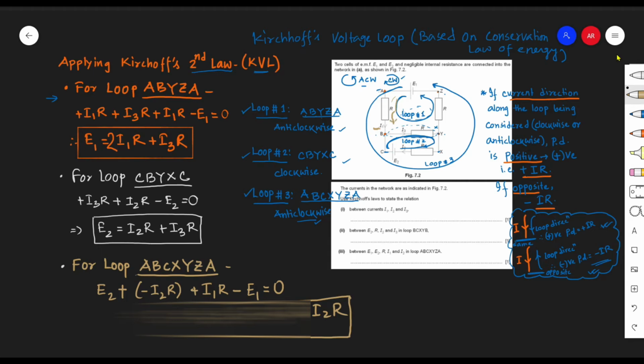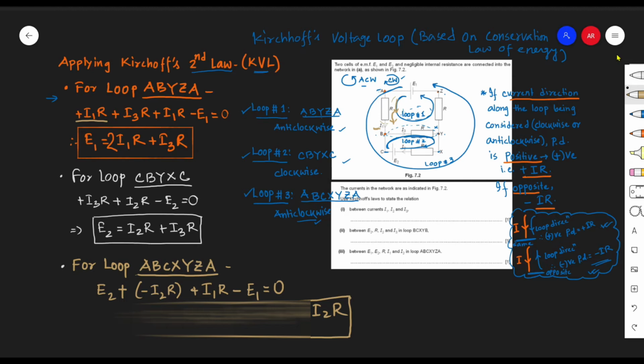From the point B and Y, there is a resistor R, and here in this question it is stated current I3 is flowing. So the direction of I3 again is in the direction of the loop being considered. Check it out.